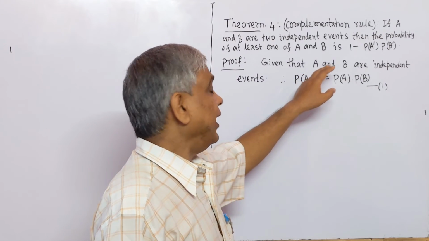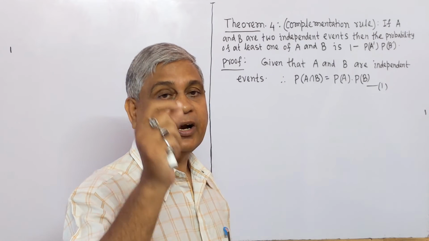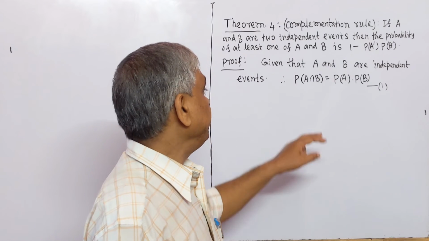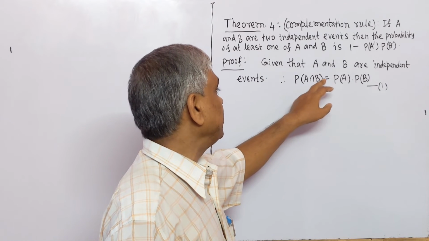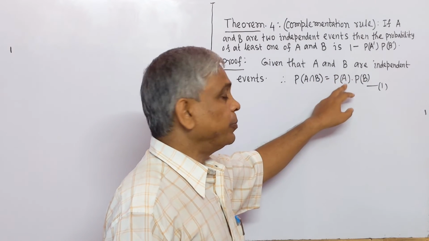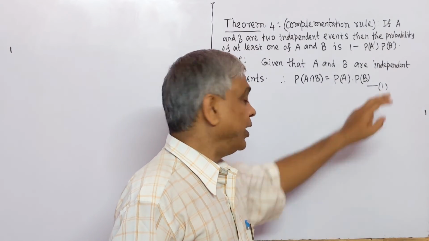Given that A and B are independent events, therefore from the condition of independent events, probability of A intersect B equal to probability of A multiply probability of B. This is number 1.